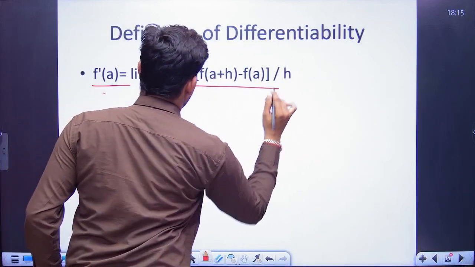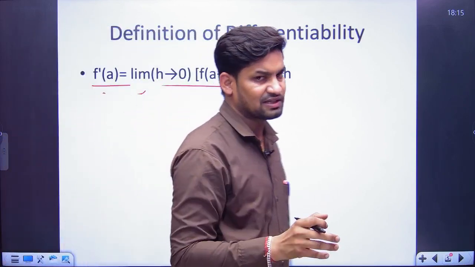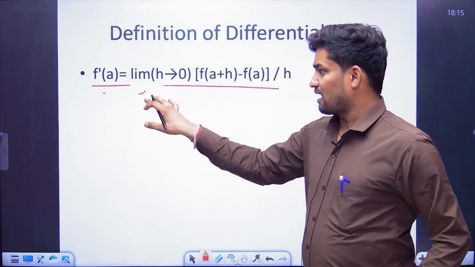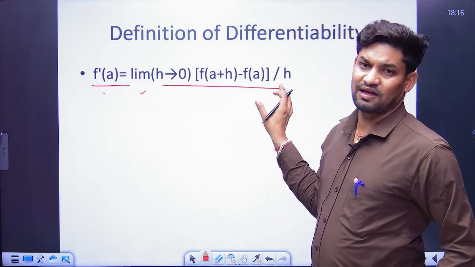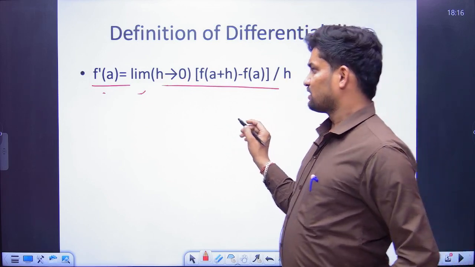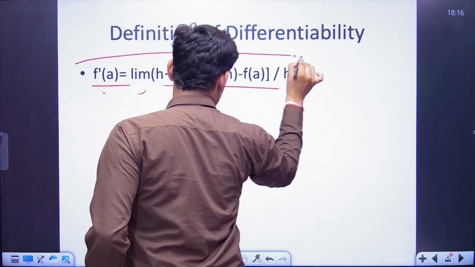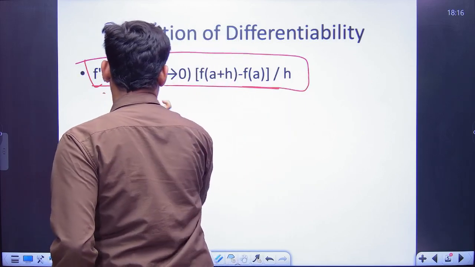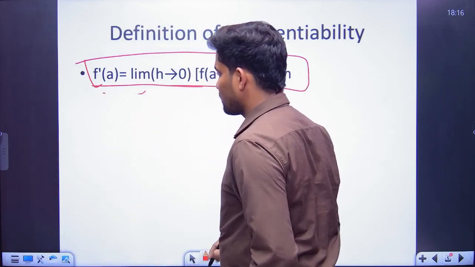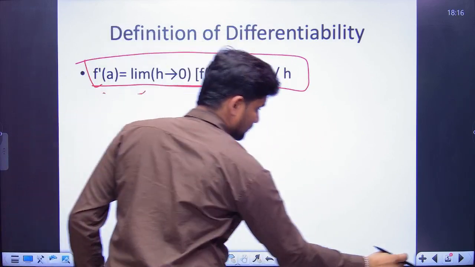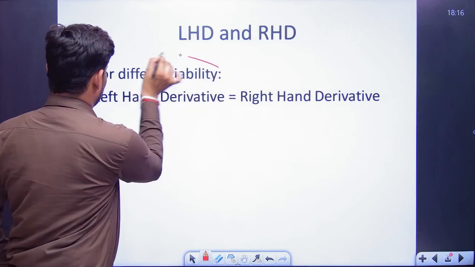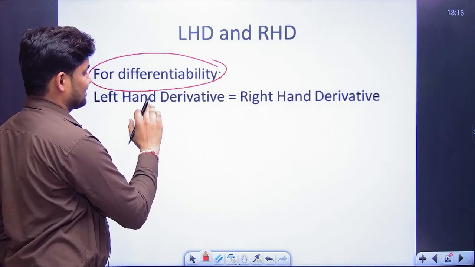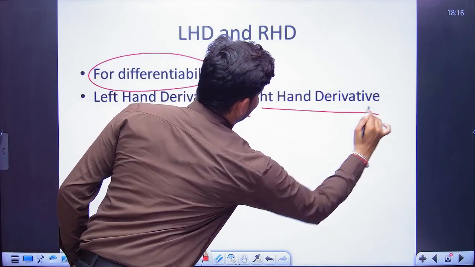It is the main formula of differentiability. F dash of a equal to limit h tends to 0, f of a plus h minus f of a, upon h. This is the main formula to find the differentiability of any function. Next, for differentiability, the initial condition is left hand derivative equal to right hand derivative.